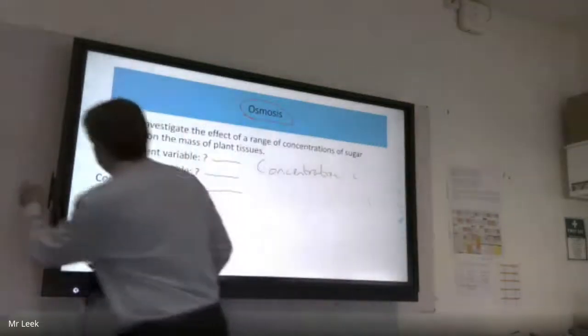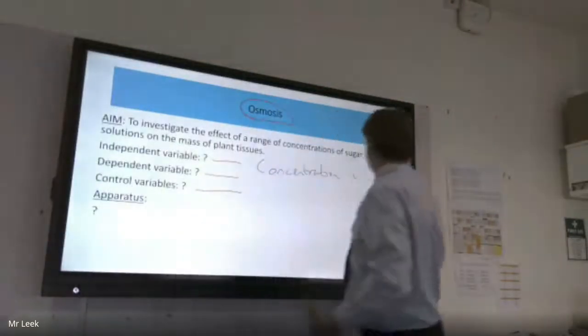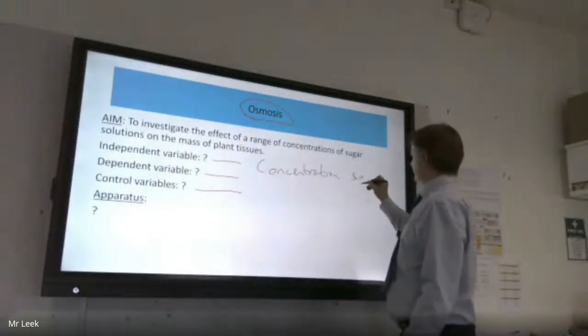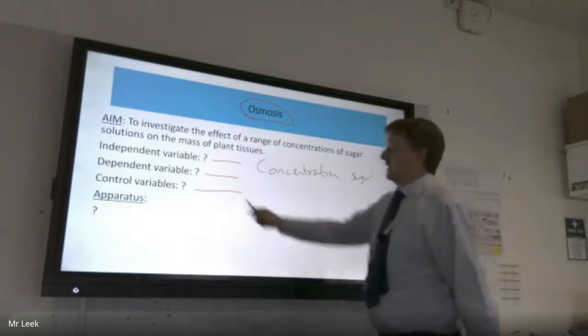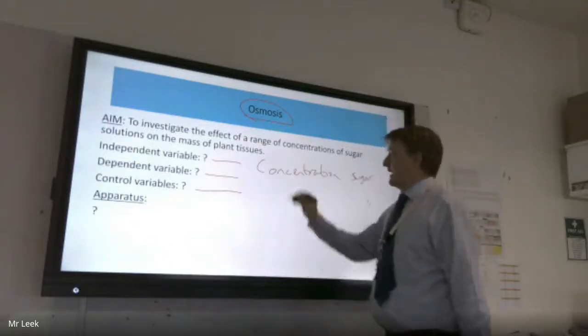Let's see how good I am at this. Concentration of sugar. The dependent variable is then what we measure.